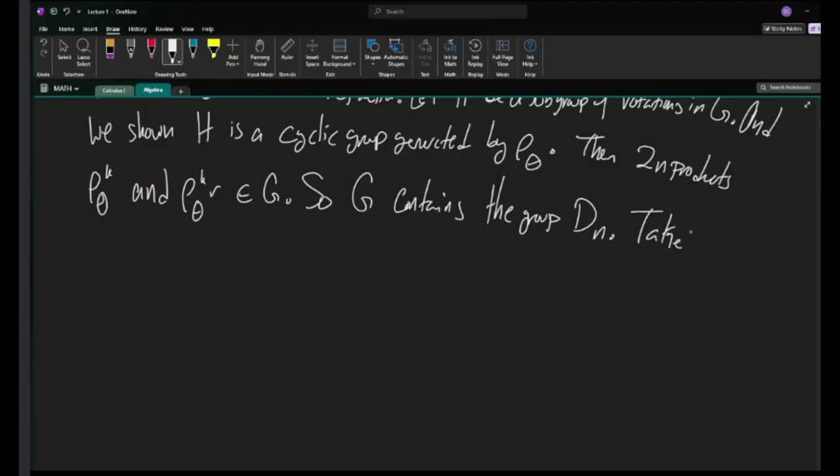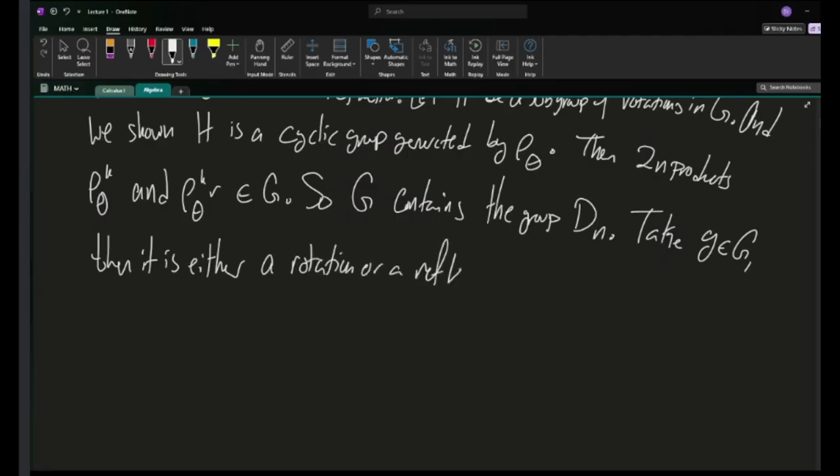Take g in G, then it is either a rotation or a reflection.